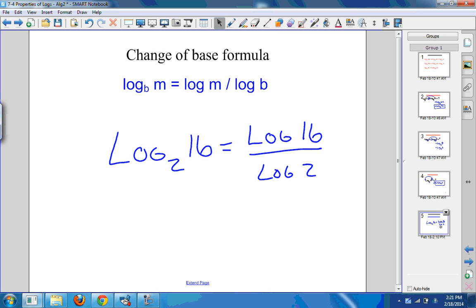And then lastly, my change of base formula, where my base goes in the denominator, and what I'm taking the log of goes in the numerator. Just a different way of writing things. So it's just manipulating logs and using the properties here, not really solving for anything. Let me know in class if you guys have any questions.